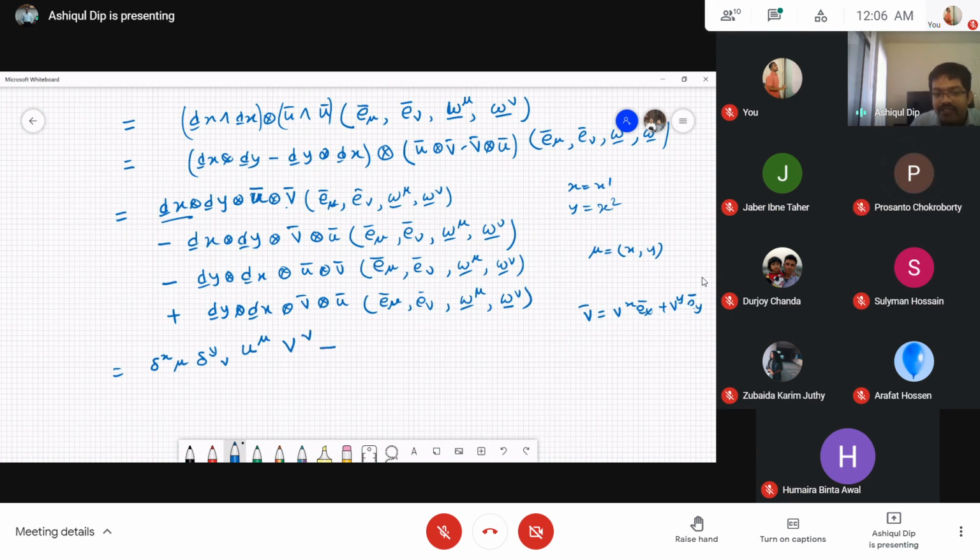Then minus Kronecker delta x mu, Kronecker delta y nu, v mu u nu.